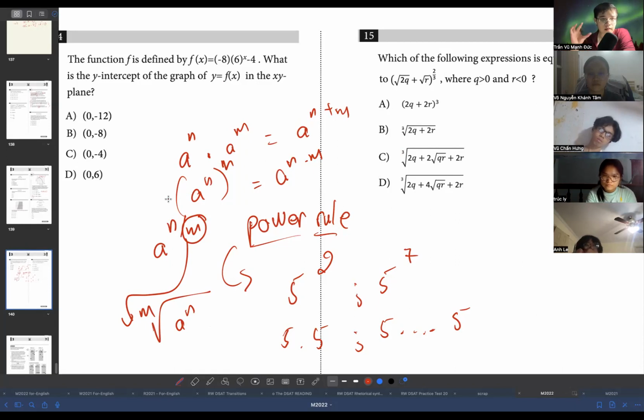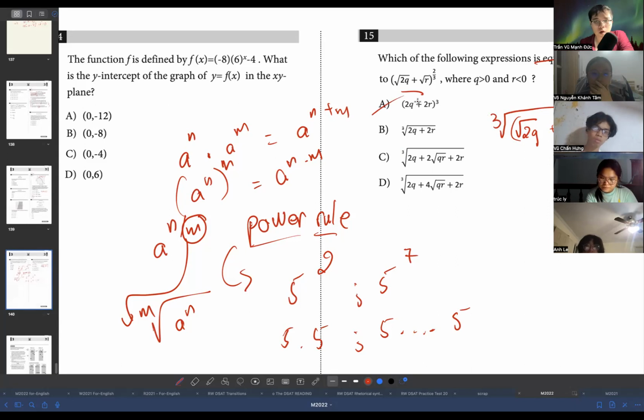Just remember that the number on the denominator will be carried out, right? So in this case, it will be equivalent to this one. I'm going to have the square root of 2q plus square root of r all to the power of 2. This will be cube root.